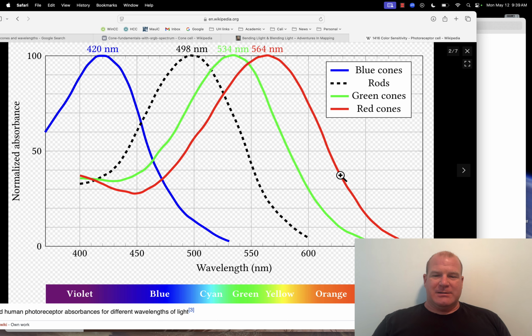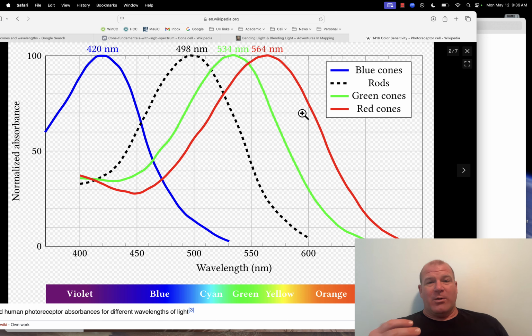Seeing this much intensity with red, this much with green, and none in the blue, your brain then interprets that as orange or yellow, depending on the relative intensity of the signals. So that's how we perceive colors.